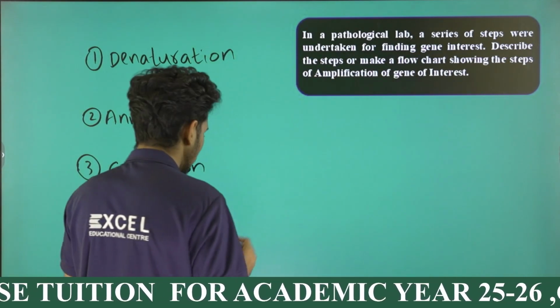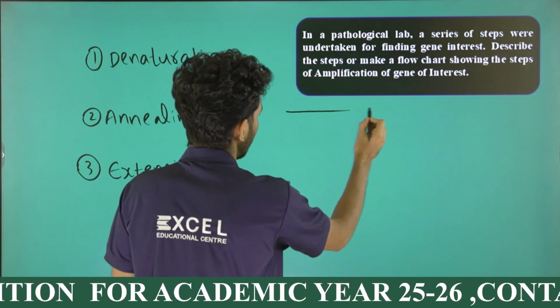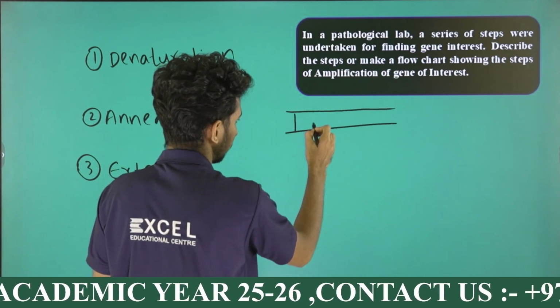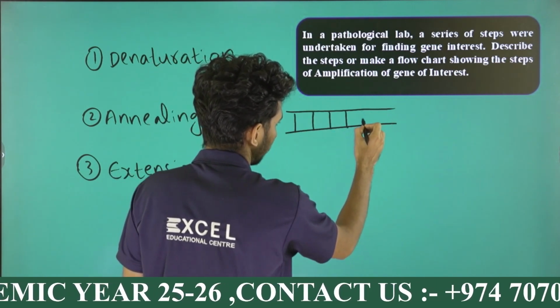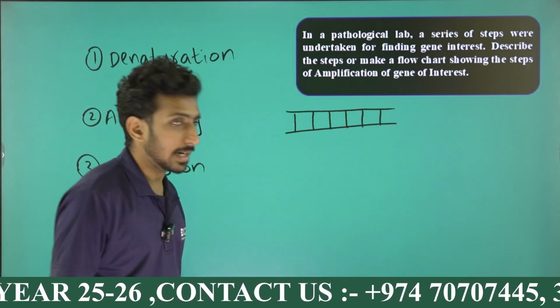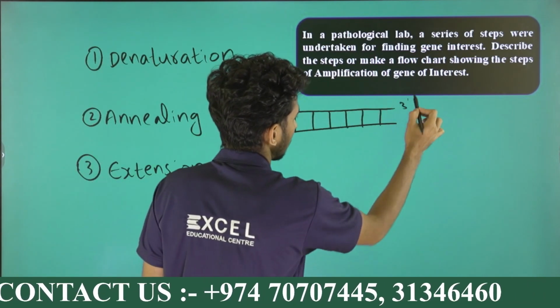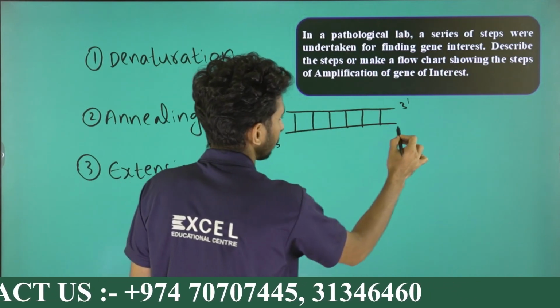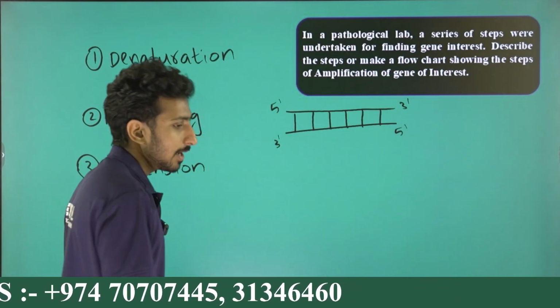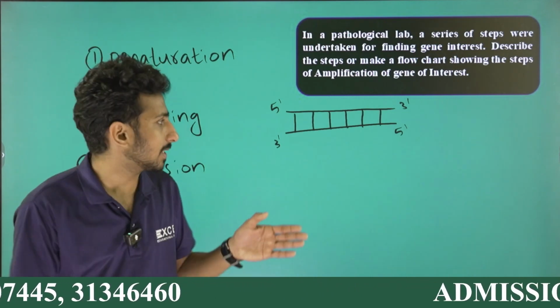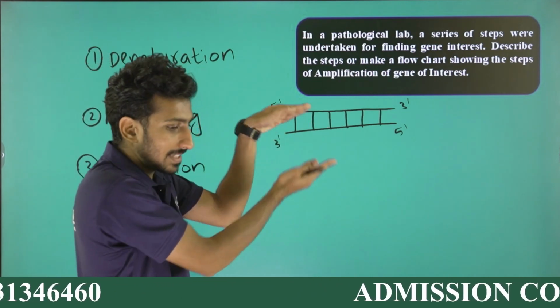Listen. First, take the DNA fragments that you want to get amplified. This is the desired DNA fragment. This is the polarity: 5 prime, 3 prime, 3 prime, 5 prime. If you give high temperature, the 2 strands will be separated.